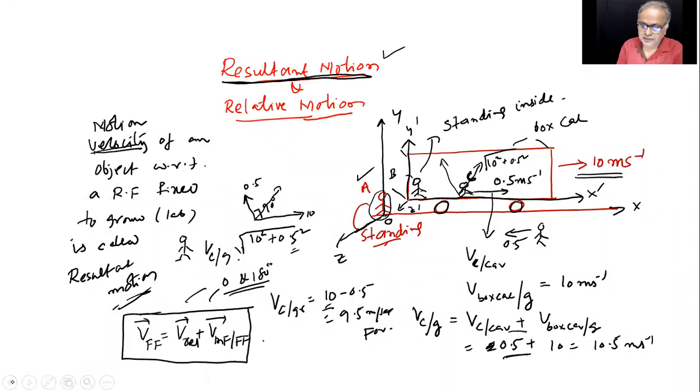Position of C with respect to ground is the vector sum of the position of the person C with respect to B and position of B with respect to A. Isn't it? So it's very visible. Like if this is 1 meter, and if this is 1 meter, 1 plus 1 is 2 meters of C with respect to A, isn't it?